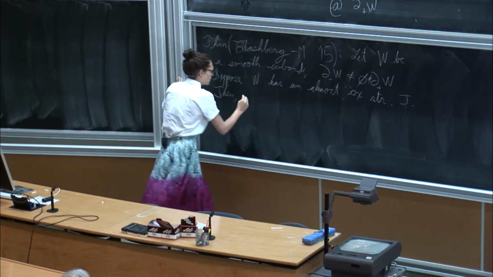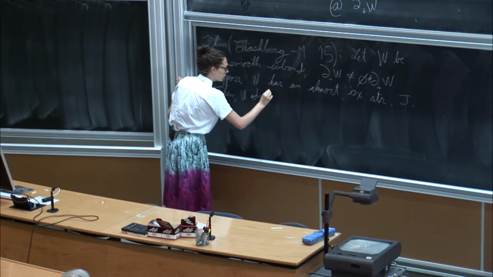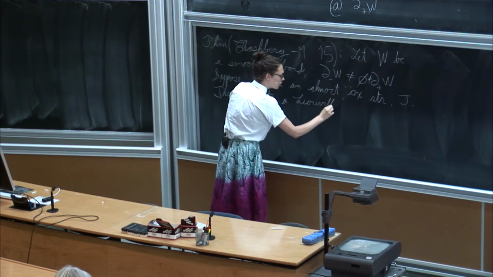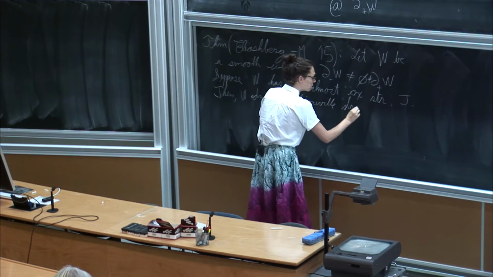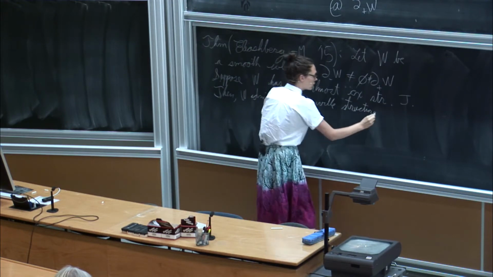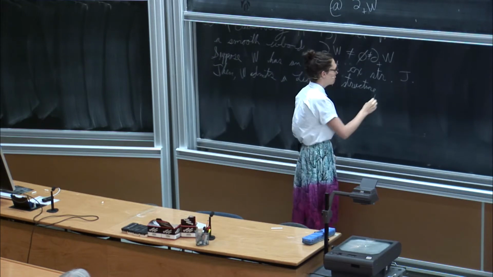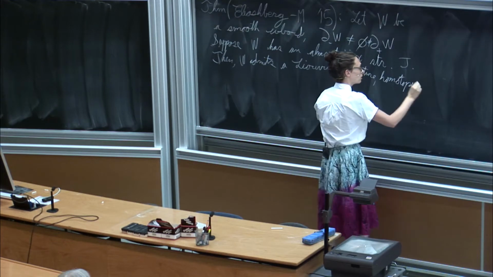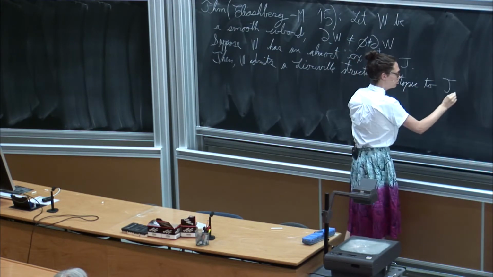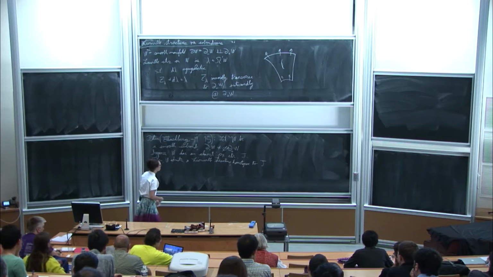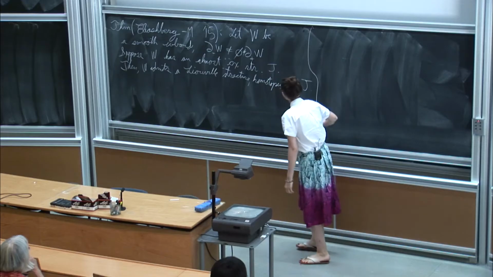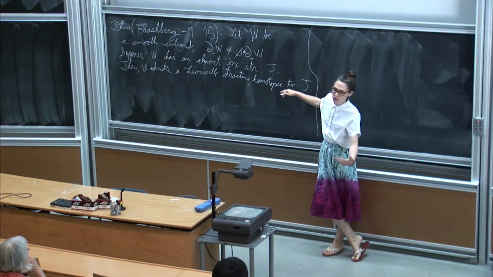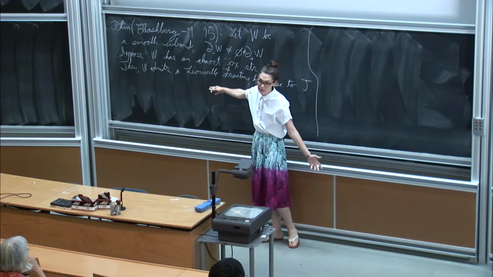So then W admits a Liouville structure which is homotopic to this J. What I mean by that is, after homotopy, J can be made compatible with this Liouville structure.